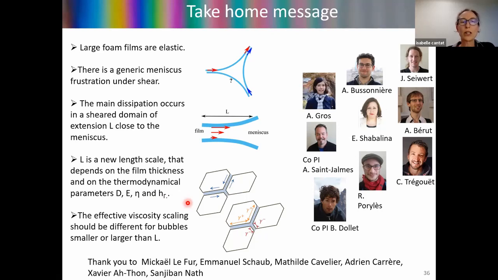And the last prediction is that the film in a large bubble foam should be mainly stretched and compressed, and the film in a small bubble foam should be mainly sheared. So that's my conclusion. I thank you for your attention, and I thank again all my collaborators who performed the theory and experiments.